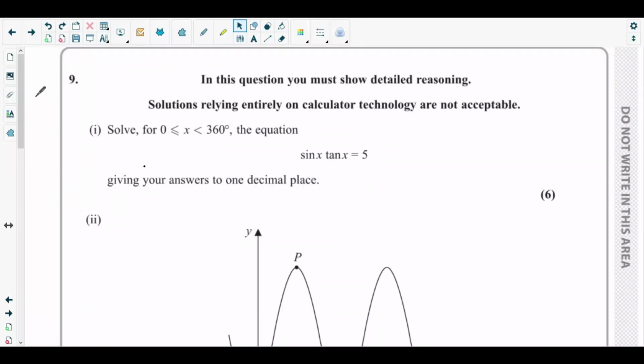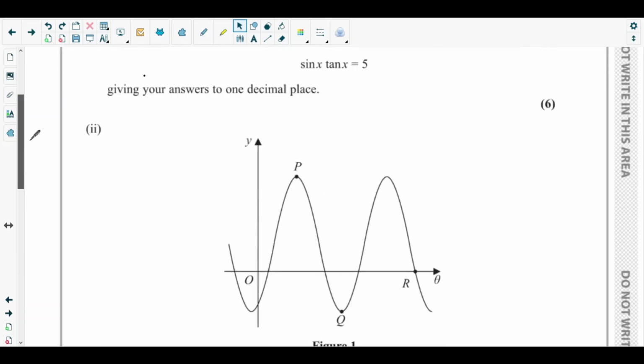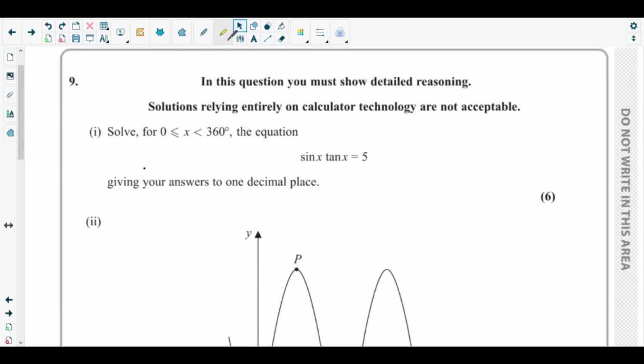In order to solve this question, you should have a clear idea about trigonometric functions, identities, how to simplify trigonometric equations, and also the CAST diagram. Besides that, we also need some concept of graphs and transformations in the second part of this question. So let's get started with question number 9.